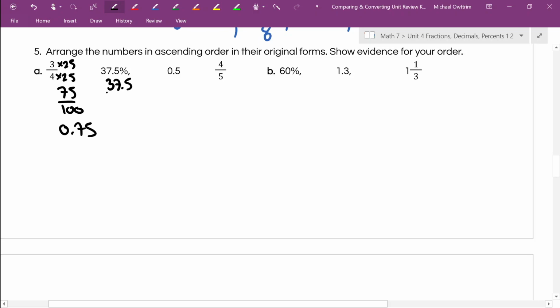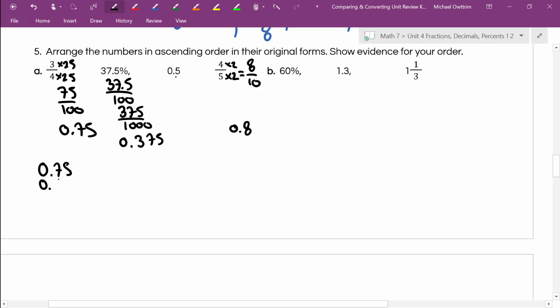This is 37.5 out of 100, which is 375 out of 1,000, which is 0.375 as a decimal. 0.5 already is a decimal, and this I'm going to multiply by 2 to get 8 tenths, which is 0.8. Let's go ahead and compare all those values. We've got our 0.75, 0.375, 0.5, and 0.8.